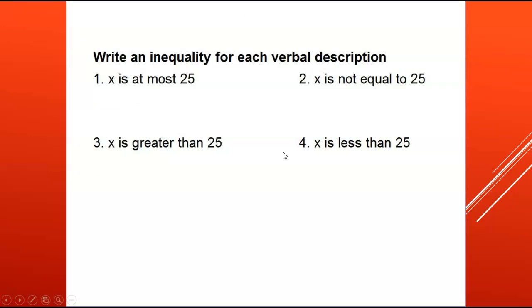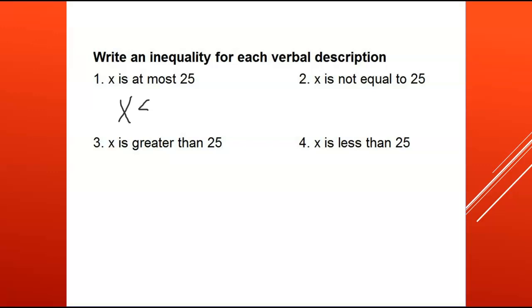We have to write an inequality for each of the following descriptions. X is at most 25. What that means is X isn't bigger than 25. It's at most 25, so X has to be less than.